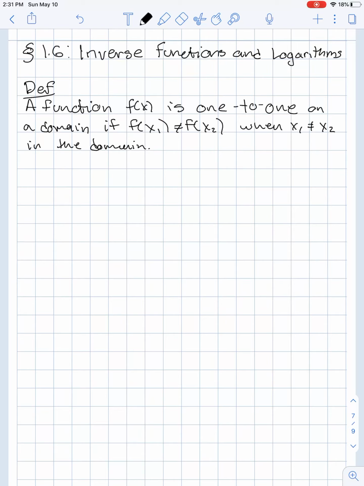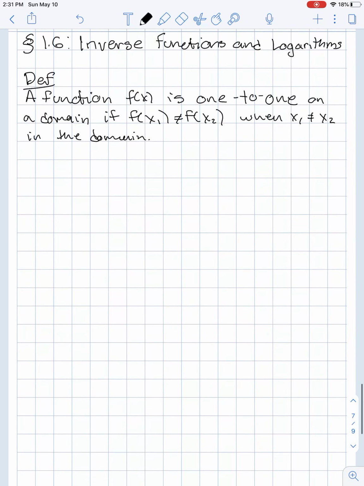Right, so I can't have two outputs equal each other if my inputs don't equal each other. So I put in one input, I get one output, that's a function. For every output, there's only one input that gets me to that output.